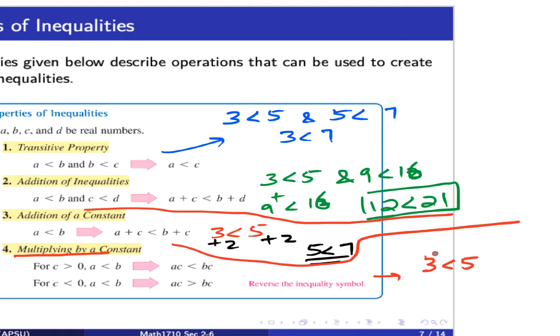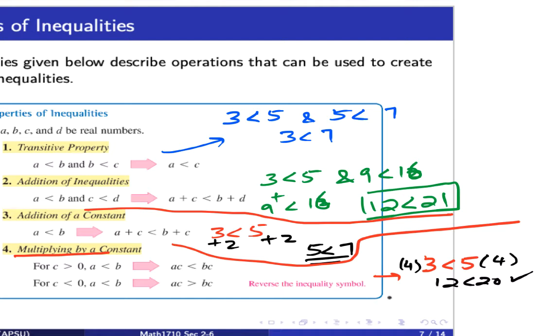Now if I multiply both sides by a positive number, say 4, if 3 is less than 5, you multiply by a positive constant, you get 12 is less than 20. There's no problem, it works.